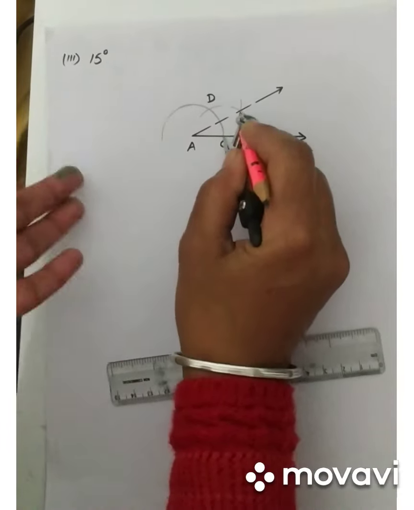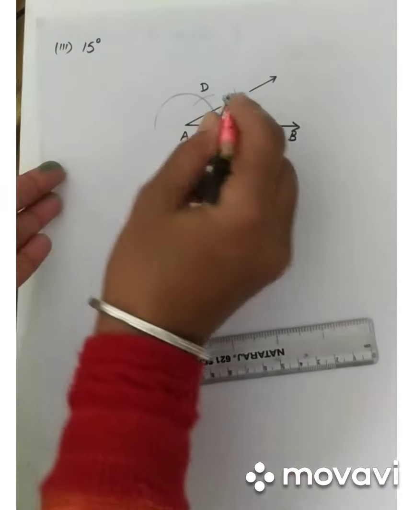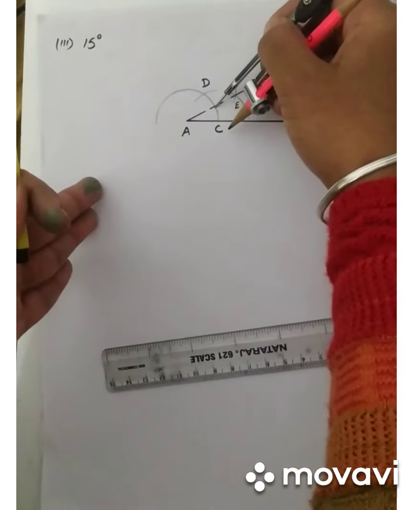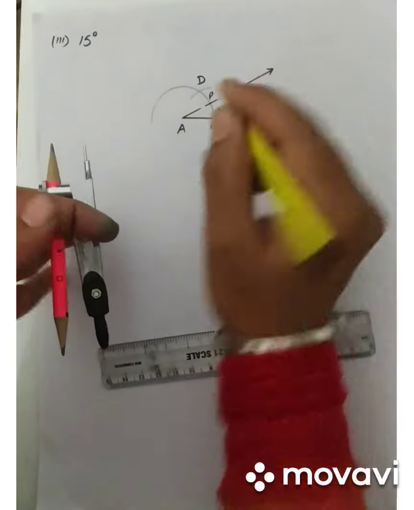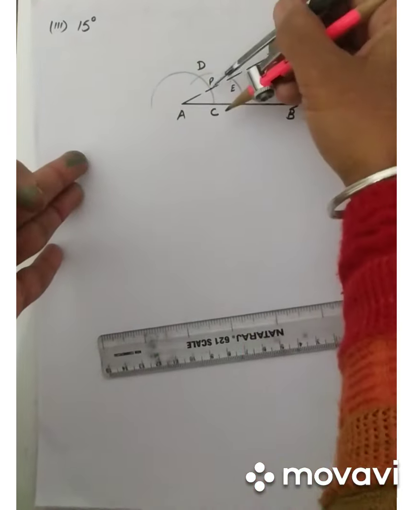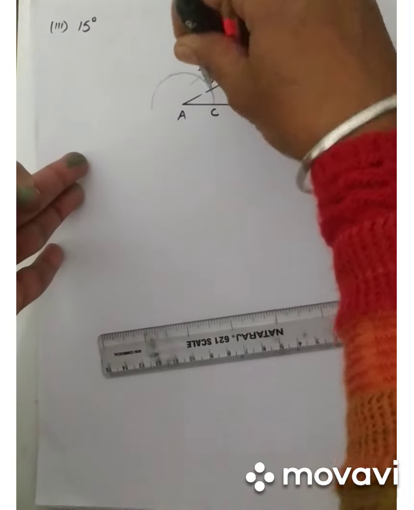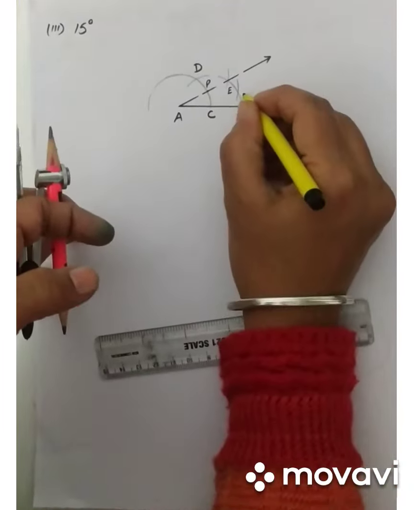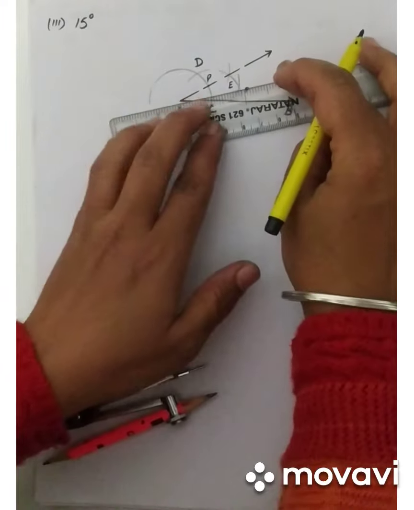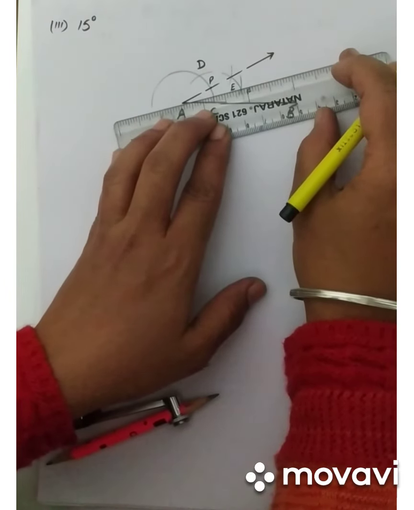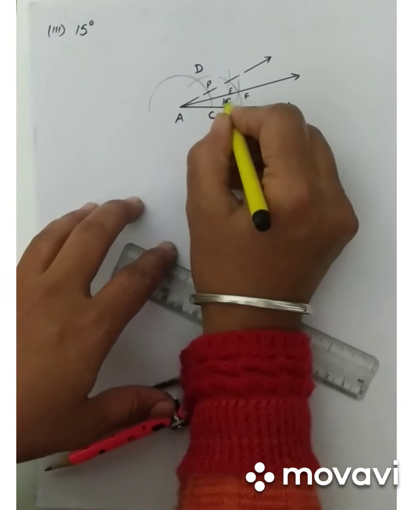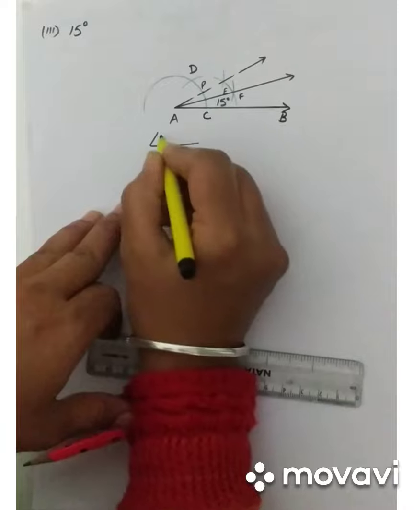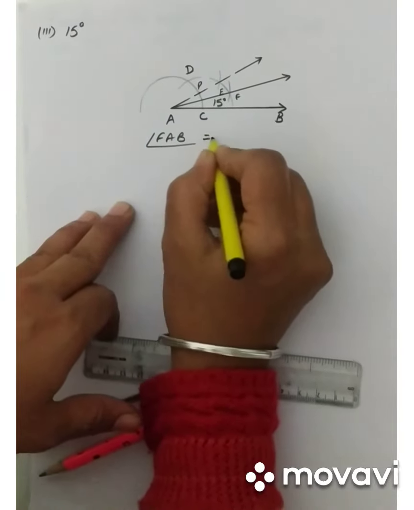With C as a center, draw an arc, and now from this point P, cut the previous arc and mark this as F. Now join AF. This is the 15 degree angle. So it is angle FAB. It is 15 degree, half of 30.